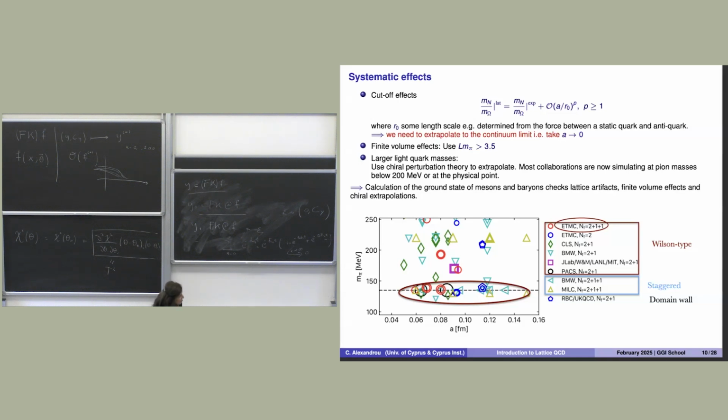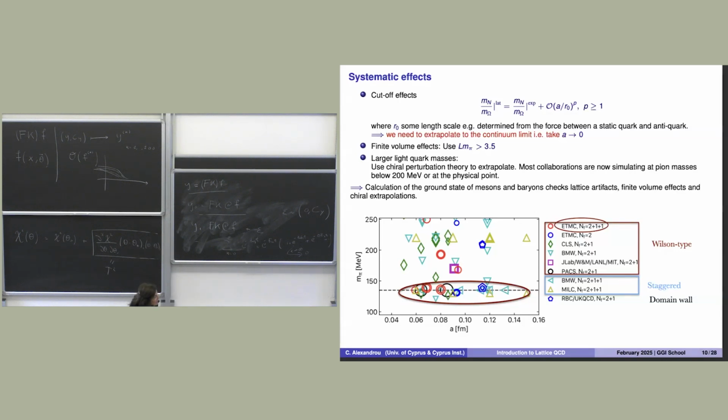Now, the size of the circles is how big my volume is. And that's why you see, for example, here, 2 circles. It means the same lattice spacing, bigger volume, because I want to study volume effects. I want to correct for volume effects, okay?